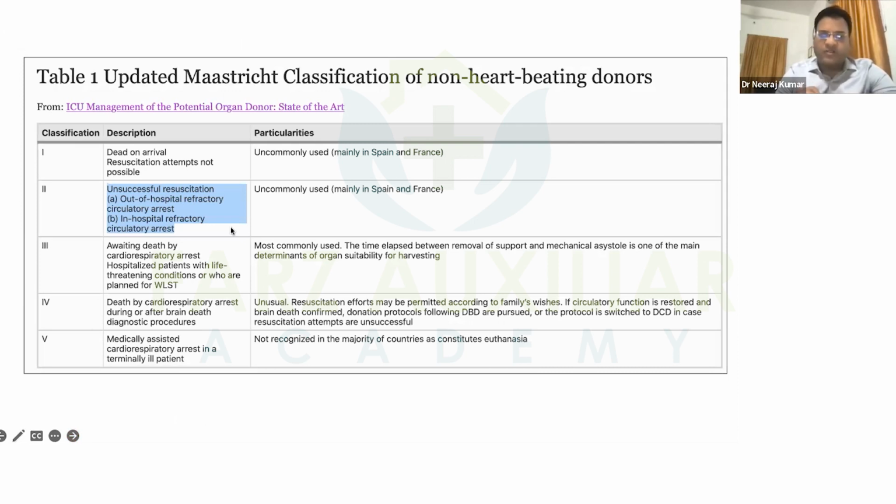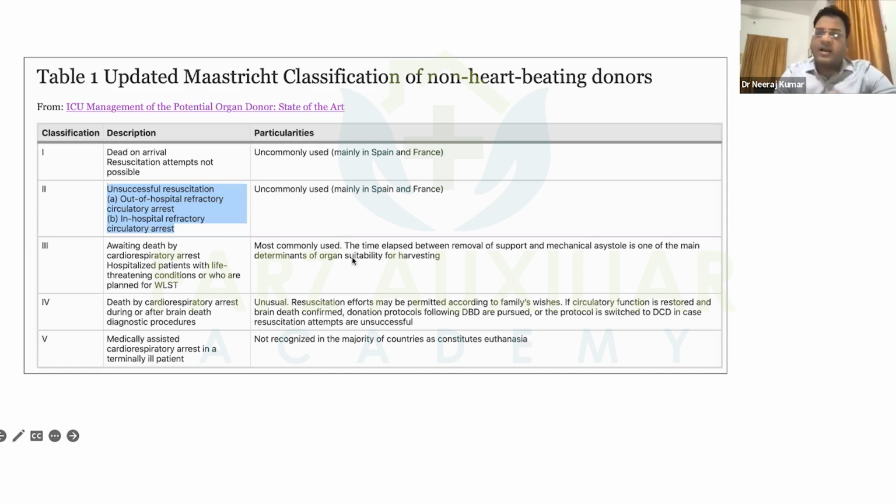When you read it in more detail, you see that in the Maastricht classification of non-heart beating donors, one type caters to out of hospital refractory cardiac arrest as well as in hospital refractory cardiac arrest, whereas type 3 is awaiting death by cardiorespiratory arrest, in hospitalized patients with life-threatening conditions, and it is most commonly used.